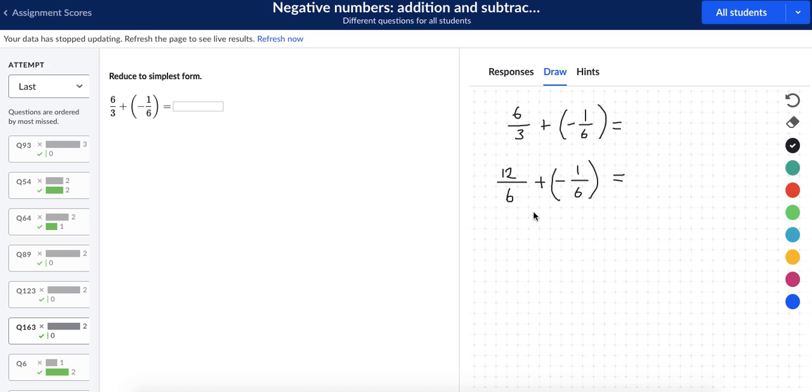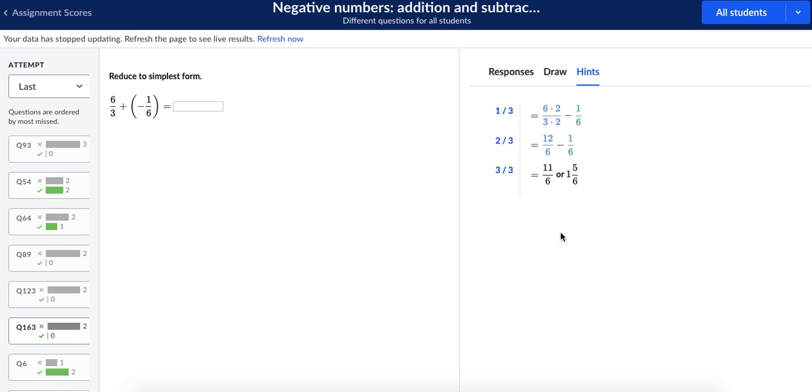Adding a negative is the same as subtracting. The denominators stay the same, we're just subtracting the numerators. So 12 plus negative 1, or 12 minus 1, is equal to 11, and we get ourselves 11/6.